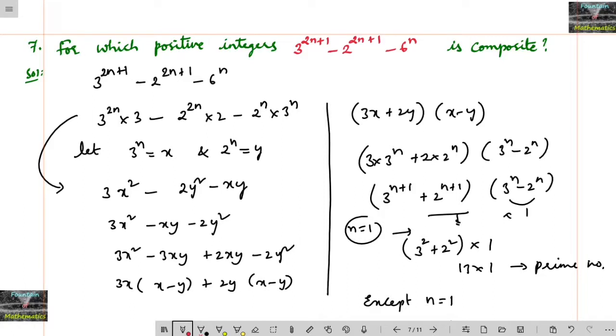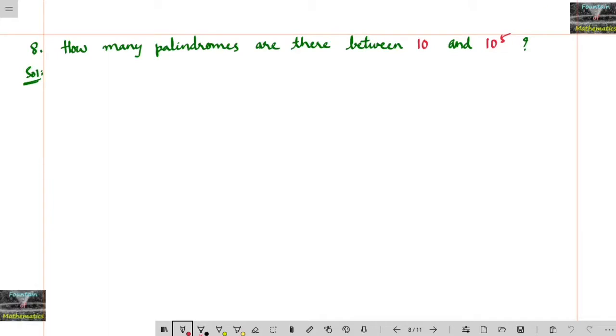Right? Okay, we'll see the next question. How many palindromes are there between 10 and 10 to the power of 5? First of all, what are palindromes? First write the definition.